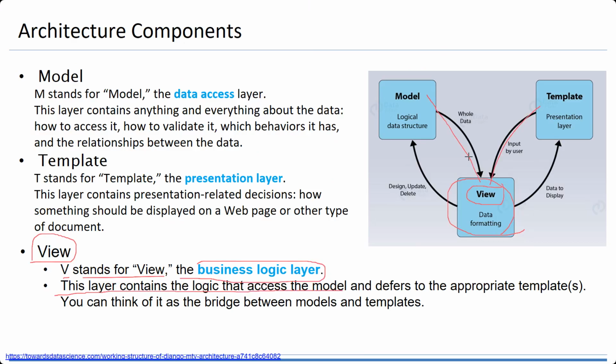You can use the view to access the model, and once you have the data, deliver it to the appropriate templates. So you may choose what is the proper template for this data. You can think of it as the bridge between models and templates.